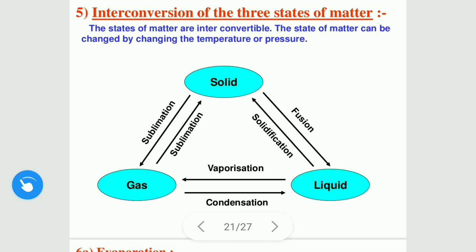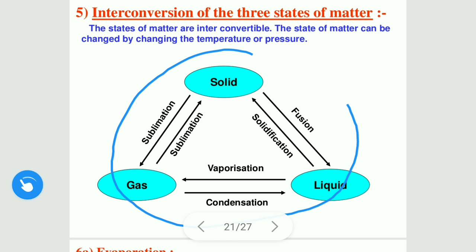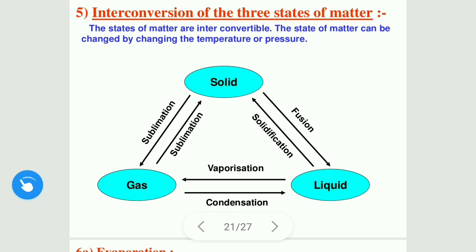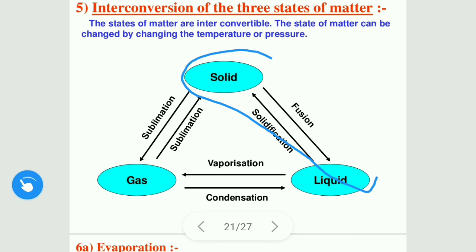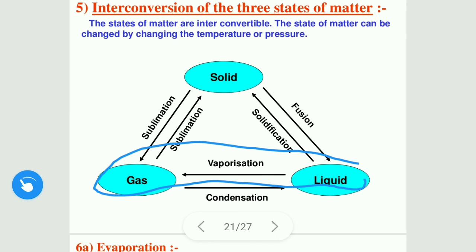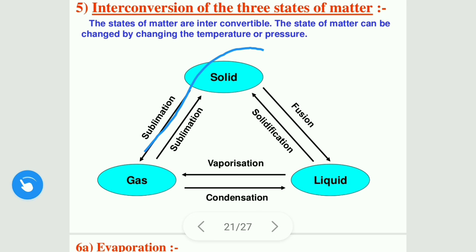So this is the diagram for the same. Please draw this diagram. Here, solid conversion to liquid is known as fusion. Liquid conversion to gas is known as vaporization. Gas conversion to solid is known as sublimation.